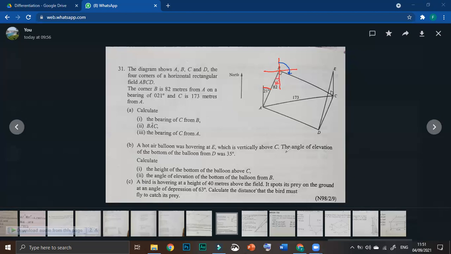And what about this angle? What is this angle? 90 minus 21. Yes, sir. What's the answer? 69. Yes. So what is the bearing? 60.